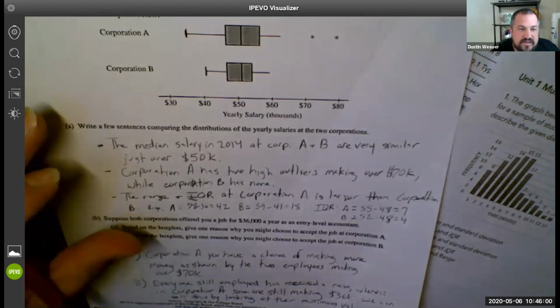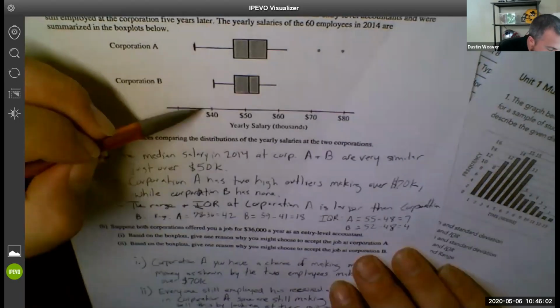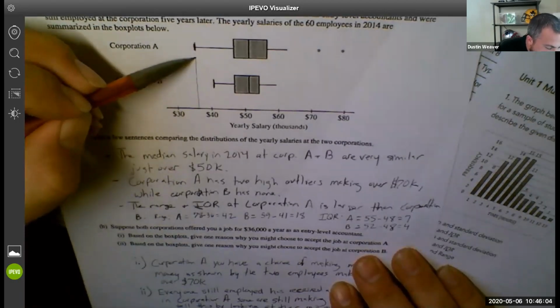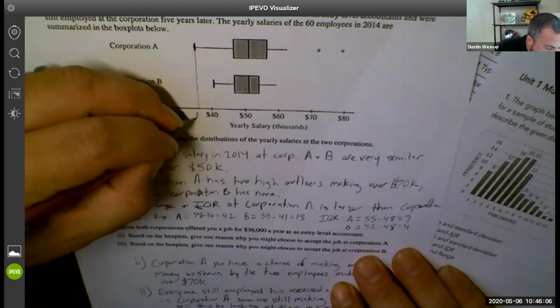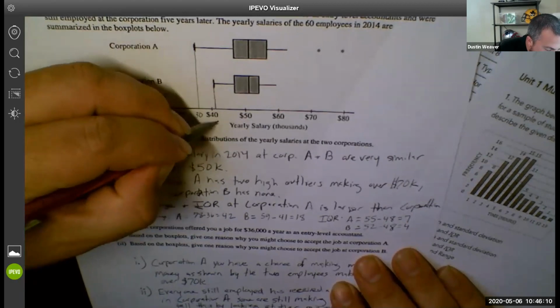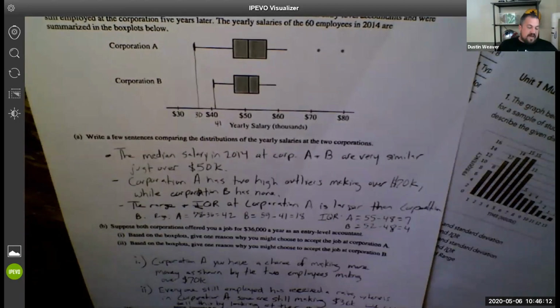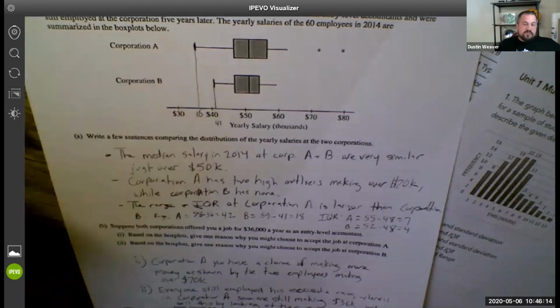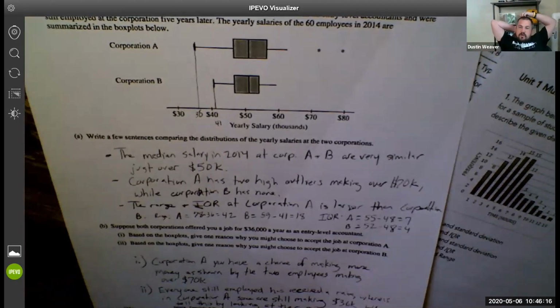And in part 2, you got to be really careful, because you look at Corporation A and you see that the minimum is still 36. And at Corporation B, the minimum is 41. So after 5 years in Corporation B, the lowest employee has still gotten about a $5,000 raise, whereas in Corporation A, after 5 years, there's at least one employee or some that have not gotten any raise at all.